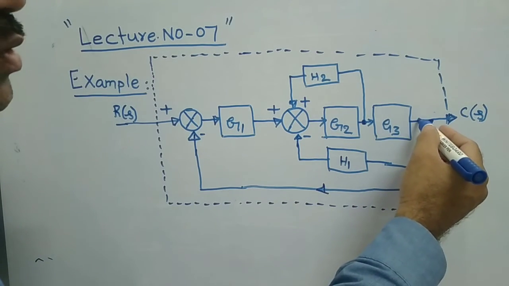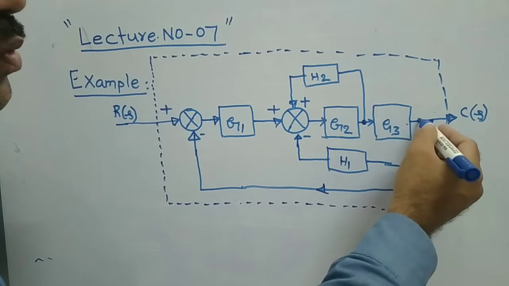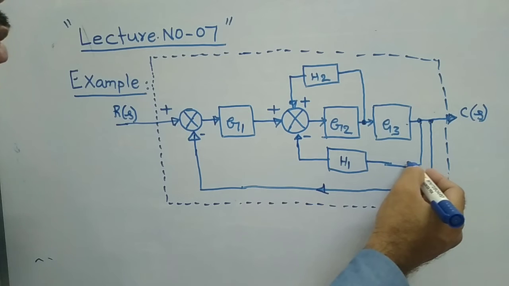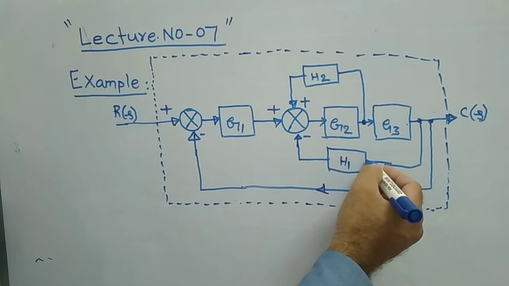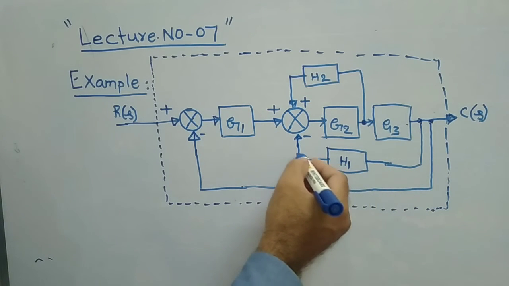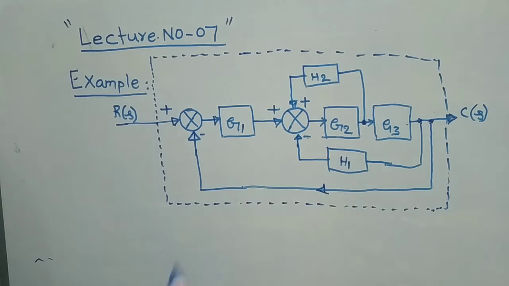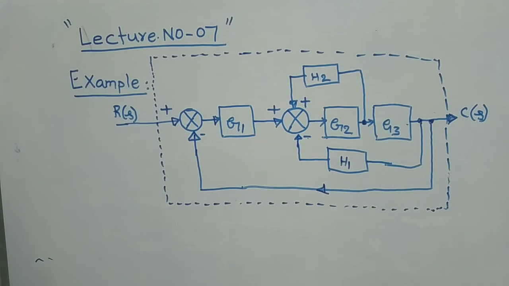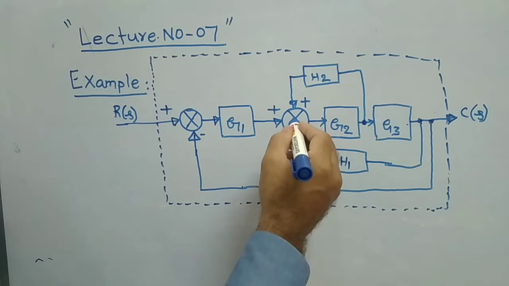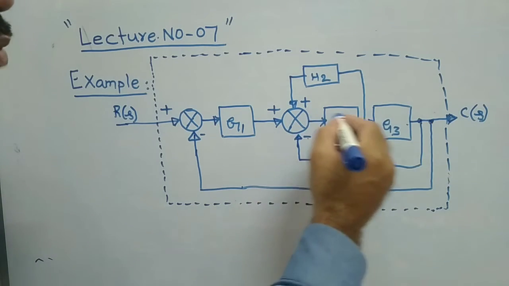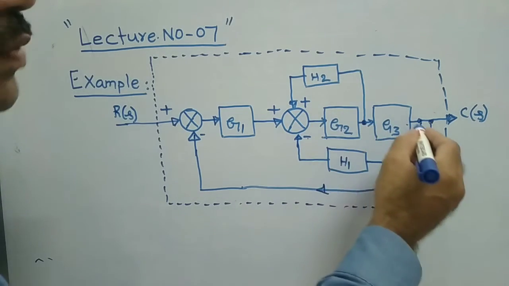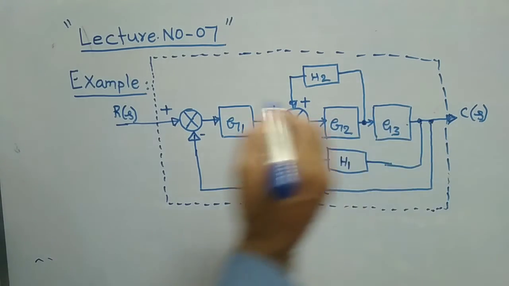And the second one is also again in the forward direction only. From this output, a portion of the output we have taken and we are feeding back through this feedback element and giving to the summer with negative sign, means it is a negative feedback loop. It comes to the summer, and again the signal goes in the forward direction. That is the second loop.